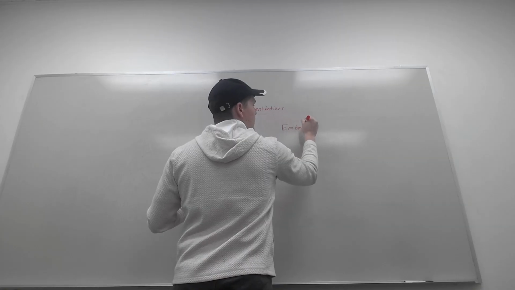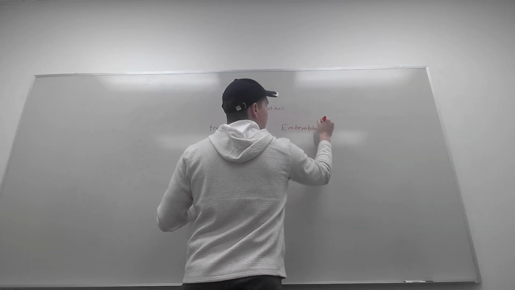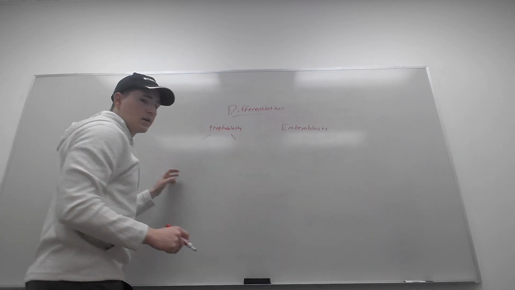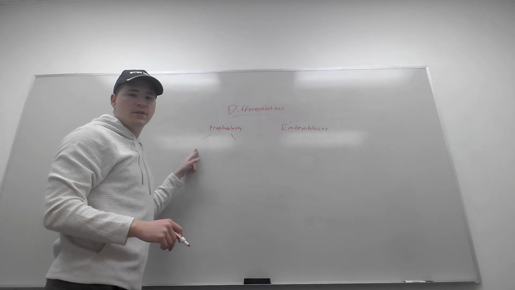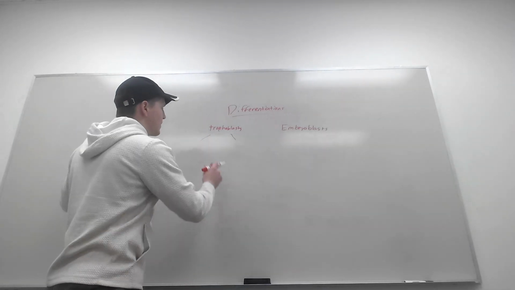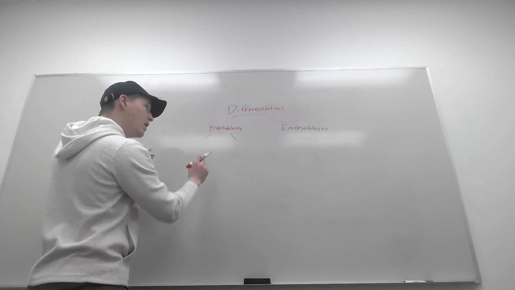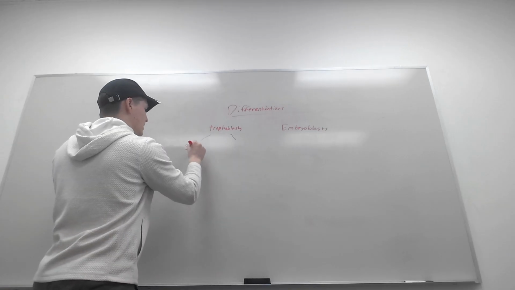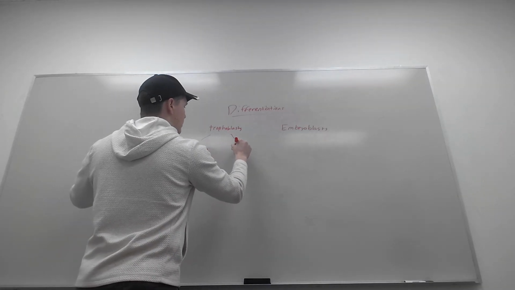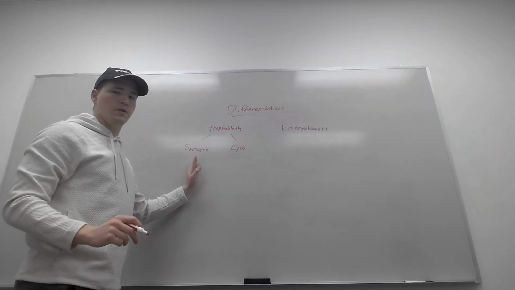Like I said earlier, these two differentiate into two things. Trophoblasts, and so I don't have to write the massive word, I'm just going to put its prefix. These differentiate into syncytiotrophoblasts, so I'm just going to write syncytio, and then cytotrophoblast. That's where those two go.